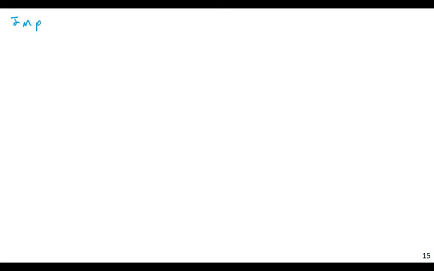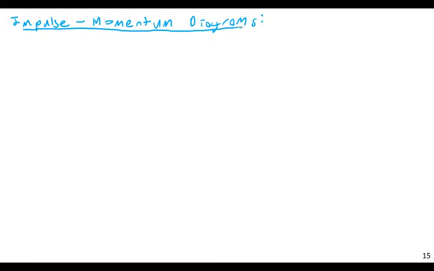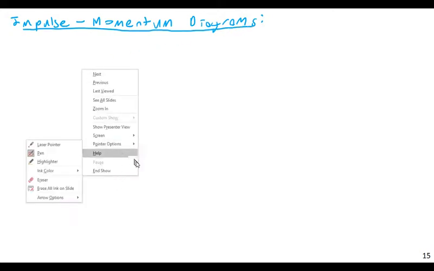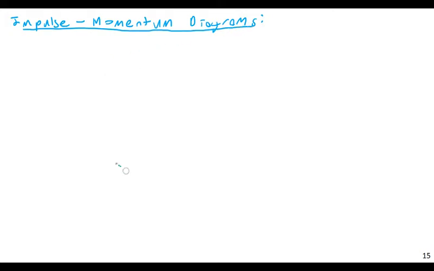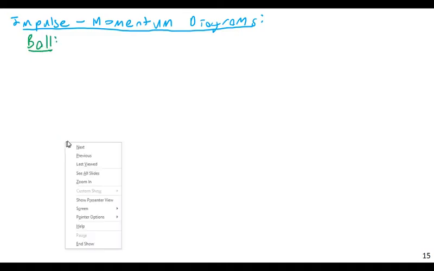Impulse momentum diagrams. Let us consider the ball.